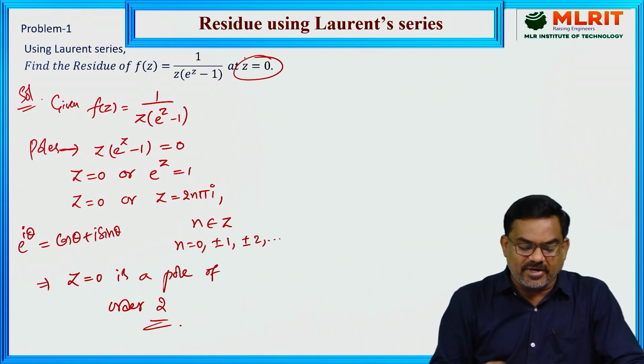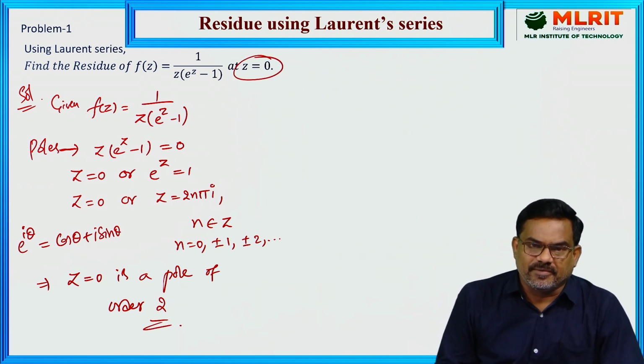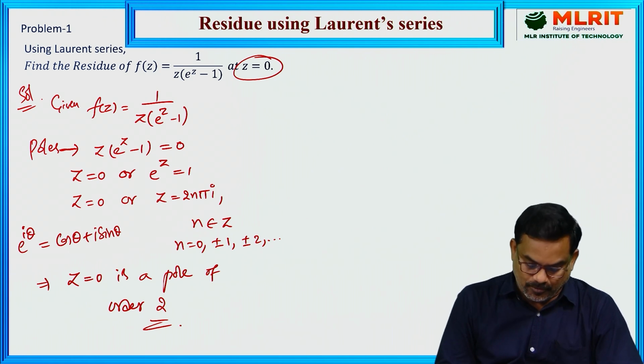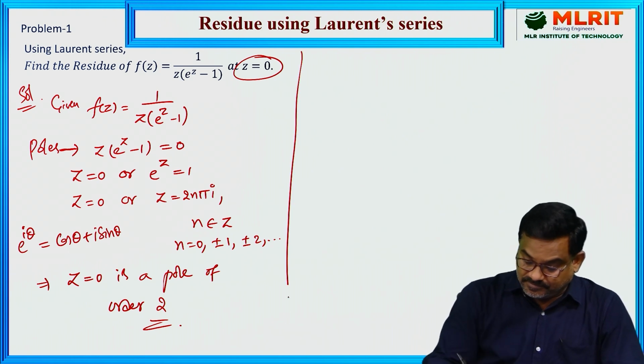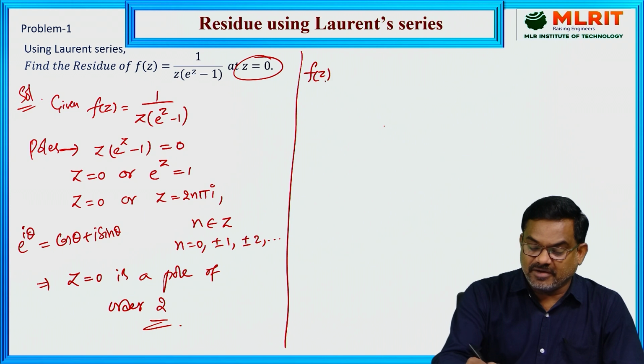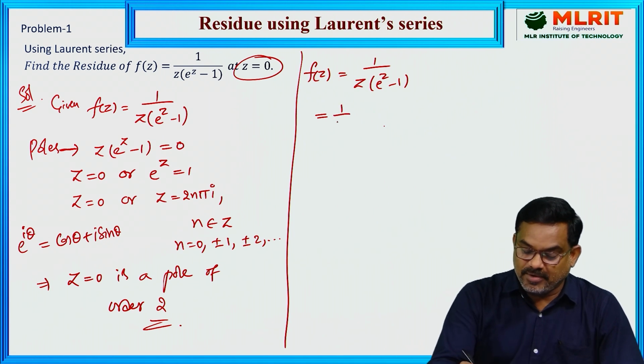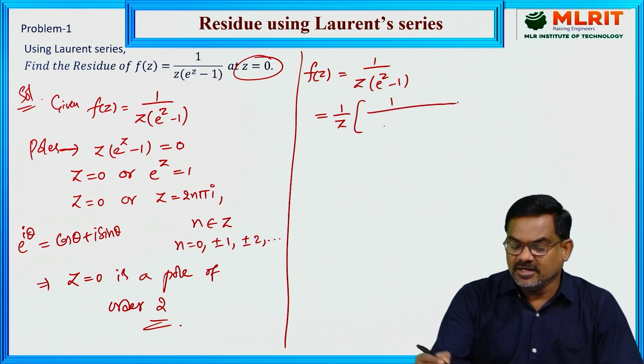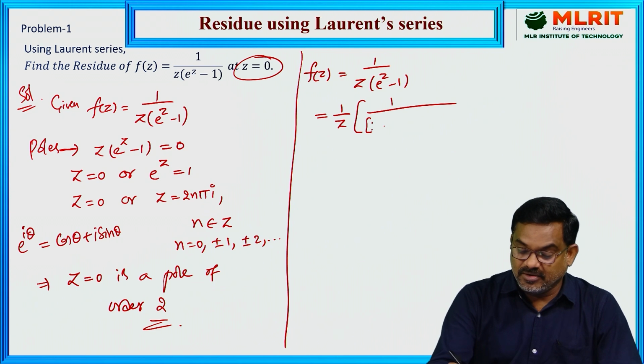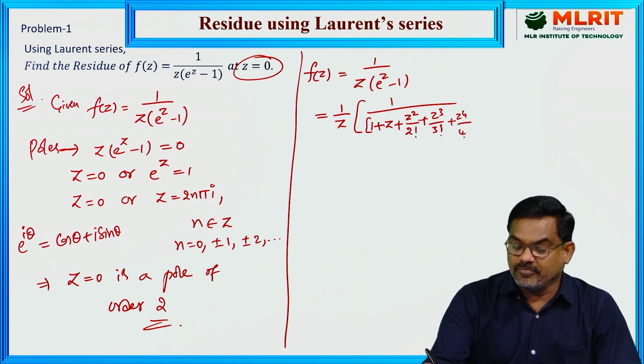Here it is required to find the residue of the function f of z at the pole z equal to 0. Let us consider the function f of z, 1 by z into e power z minus 1. First we need to expand this as a Laurent series. So 1 by z into, we know the standard expansion of e power z: 1 plus z plus z square by 2 factorial plus z cube by 3 factorial plus z power 4 by 4 factorial plus so on, minus 1.